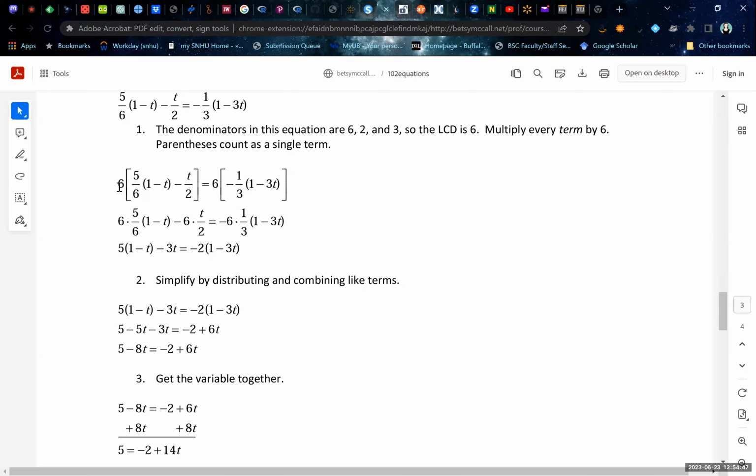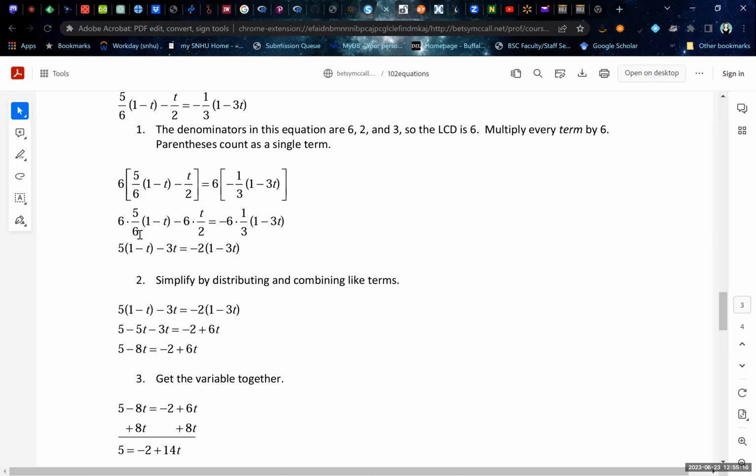So this 6 will get multiplied by this thing, which is all one term, and then it will also get multiplied by this thing. This is only one term, so it's just 6 times this one thing. Because 1 minus t and 1 minus 3t are in parentheses and they're multiplying the fraction, it all counts as one term until I distribute.